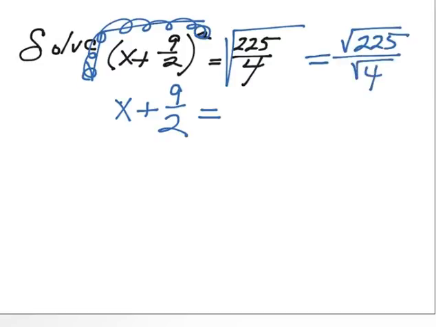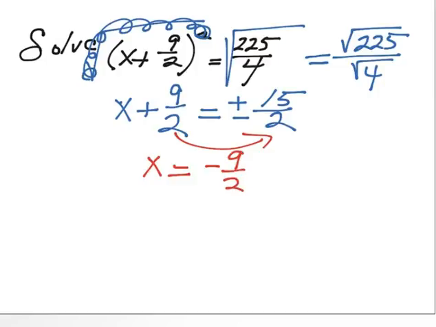It just so happens that the square root of 225 is 15, and the square root of 4 is 2, and we know it's algebra 2, so it's that plus or minus thing. And then, of course, what's your last step? I just need to get 9 over 2 over there. So x equals negative 9 over 2 plus or minus 15 over 2.